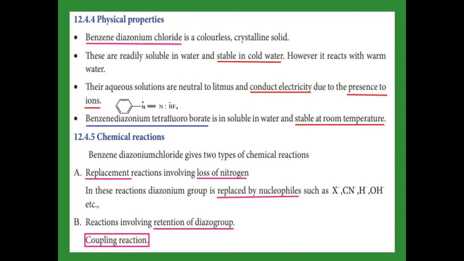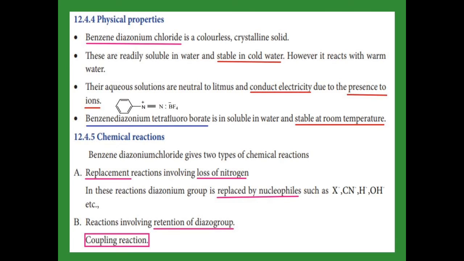Now we are going to learn the chemical reactions of benzene diazonium chloride. There are two categories. One is replacement reaction, another is coupling reaction. In the replacement reaction, the 2 nitrogens in benzene diazonium chloride are lost, and instead of nitrogen they are replaced by some nucleophile like halogen, cyanide, H plus and OH minus.